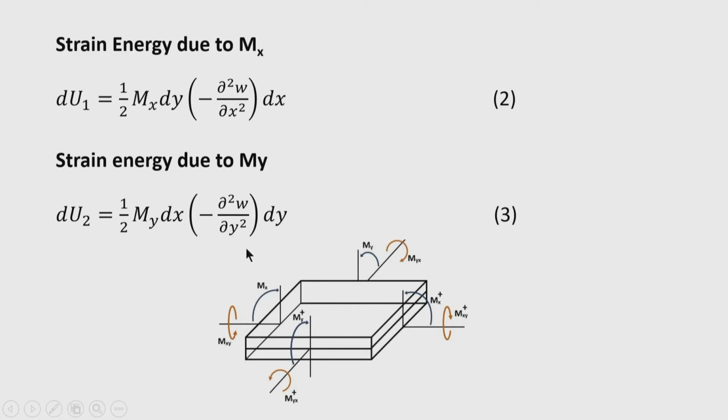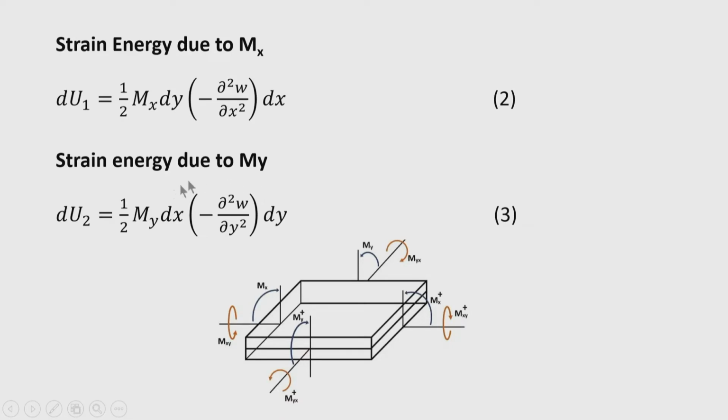Then we have taken all the components of moment for calculating the strain energy. What are the components of moment? Mx in the x direction, My in the y direction, and the twisting moment Mxy.